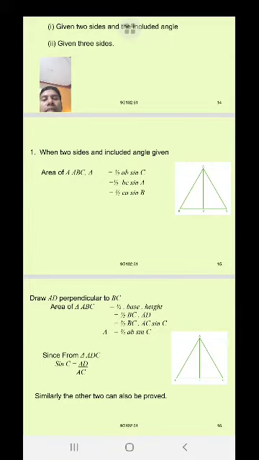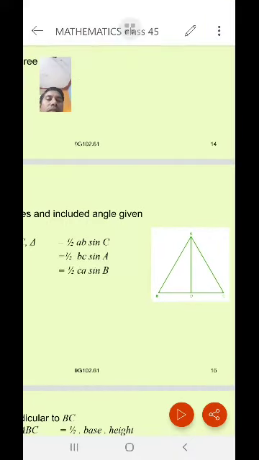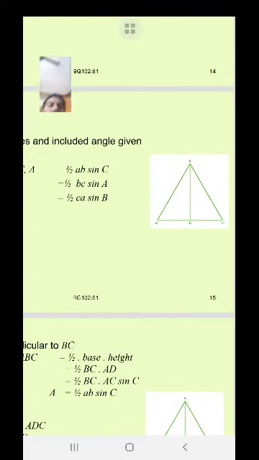Area of triangle ABC, that is delta, equals half AB into sine C, which equals half BC into sine A, and half CA into sine B. So generally the area of a triangle is half into base into height.